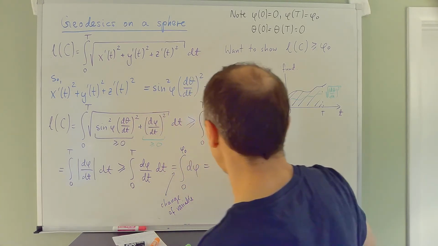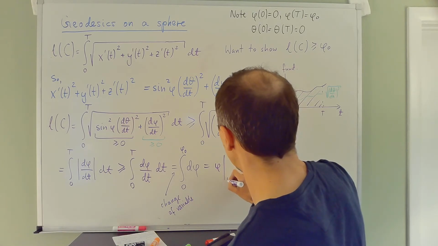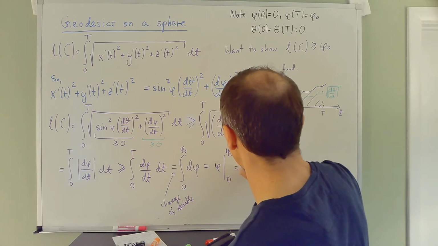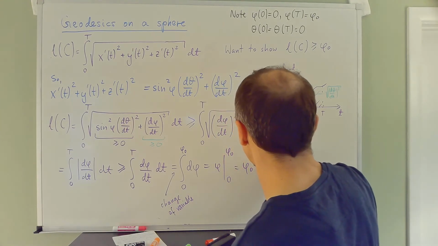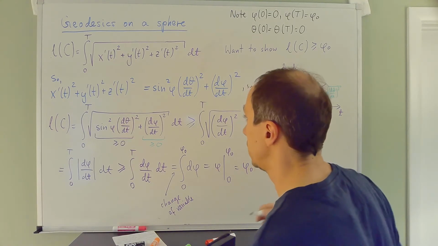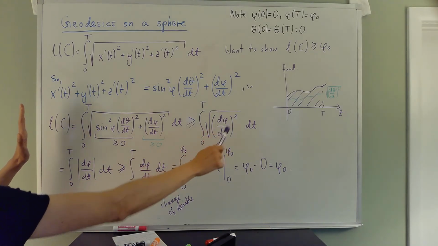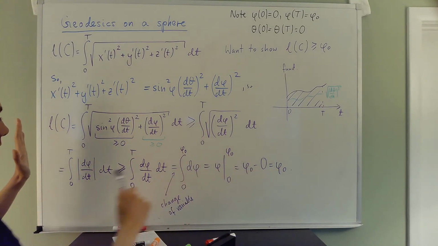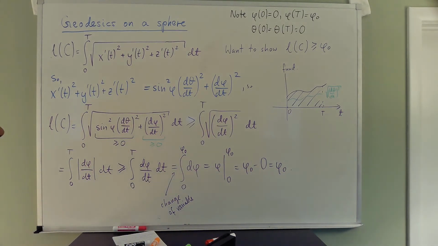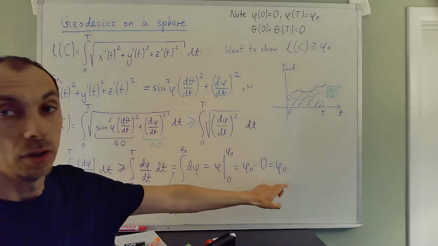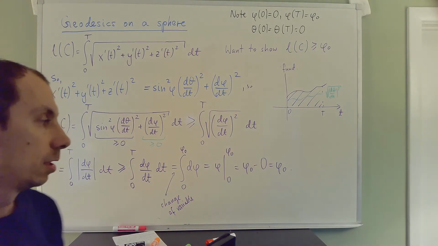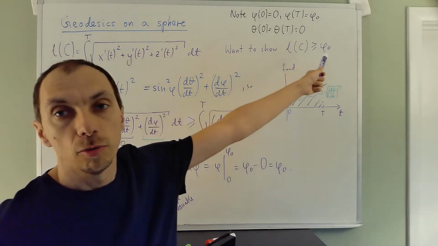Oh, but this is now a very easy integral. That's phi. So that's phi 0 minus 0. So phi 0. So if you look throughout this sequence of inequalities, what you get is that L of C is greater than or equal than phi 0, which is what we wanted to show, right?